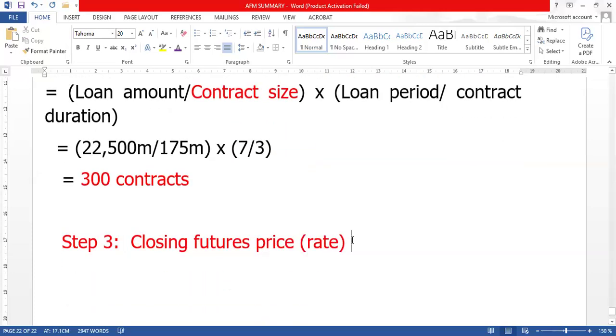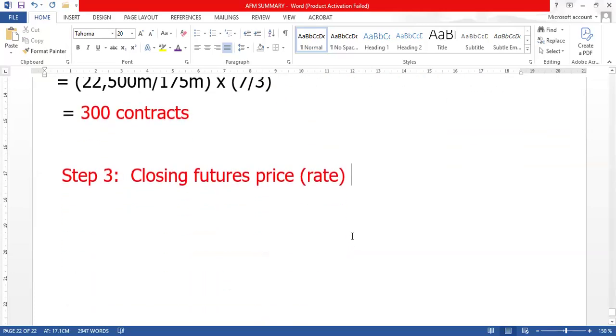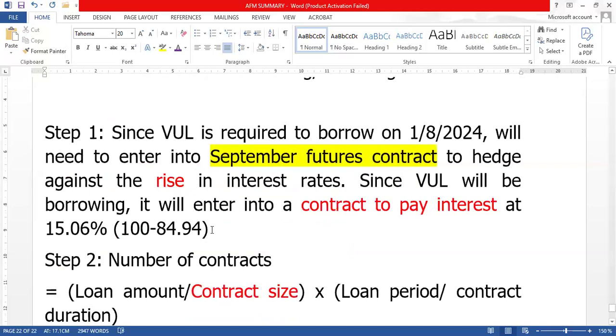I want the closing futures price. How do I get this? As you get the closing futures price, remember you had the opening. This is the opening futures price.